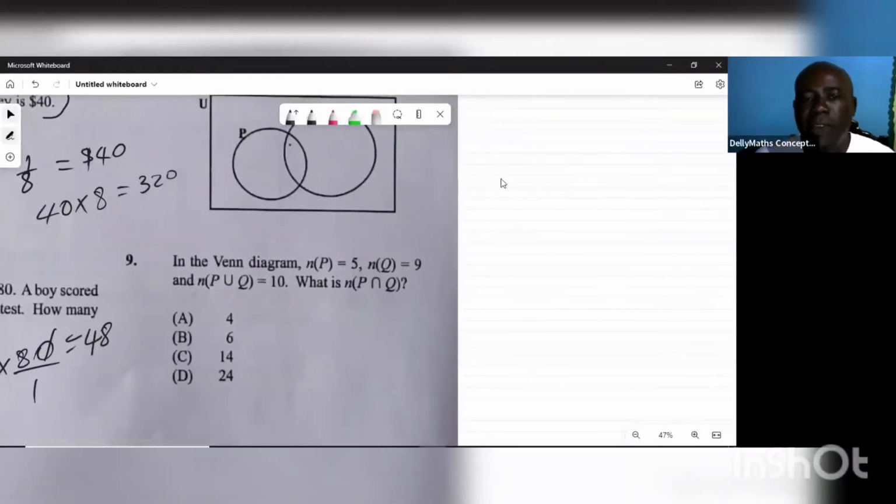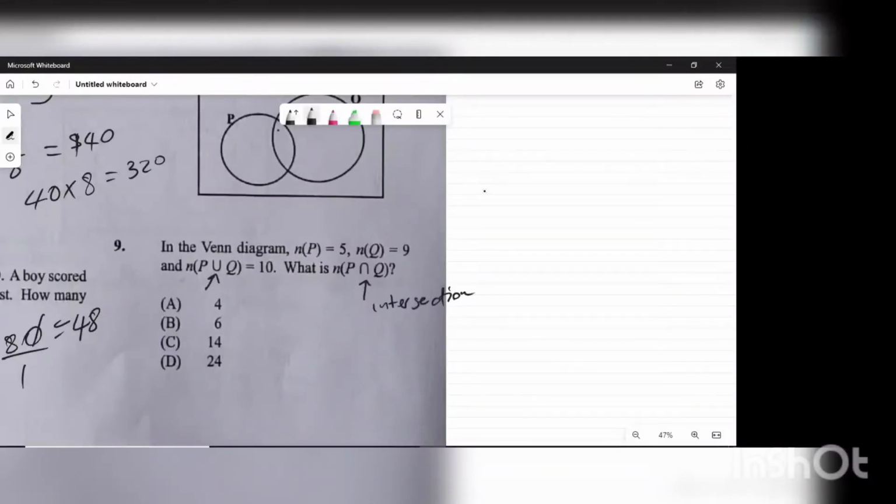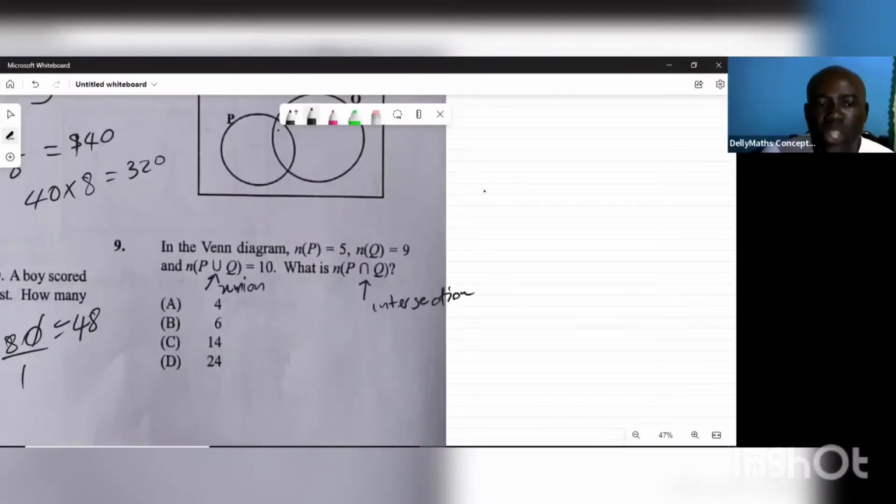There is a formula that I want to give you that helps us to find some stuff here. Some of you might know, the U stands for what we call union, and this N-looking thing stands for what we call intersection. The union means to unite.